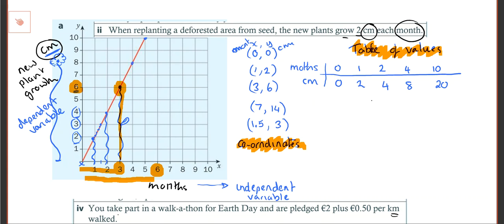It's dependent on the choice that I make. I don't get to make that choice. So I must do the 3 first, because that's the choice I make, and then the 6 is the number that I get having made that choice.